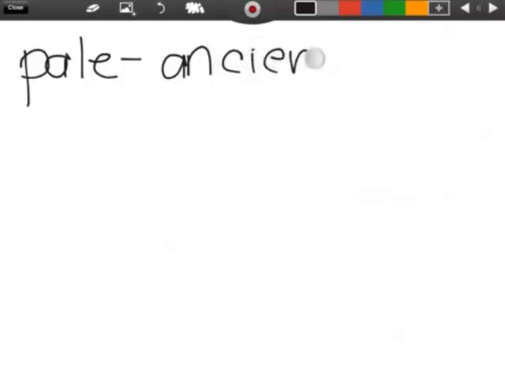Is pale. We just finished the letter O's, so we're going to move on to the letter P. Our first root of letter P is pale, like I said before. And that means ancient. I'm going to give you an example.